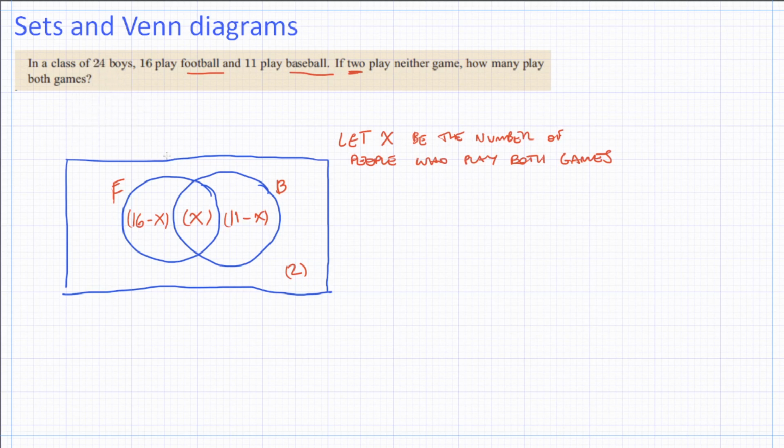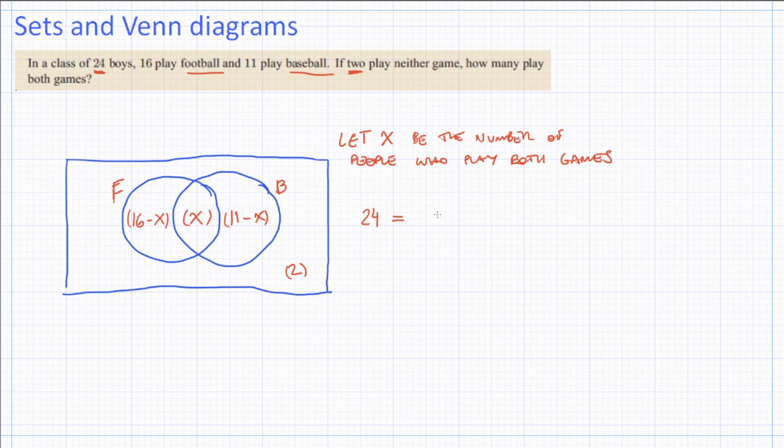So, we know that the total number of people in the universal set is 24. So if I add this 16 minus X, this X, and this 11 minus X, and this 2, I should get 24. Right? So 24 is my total.